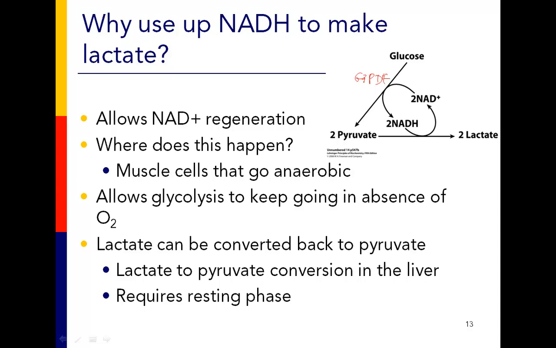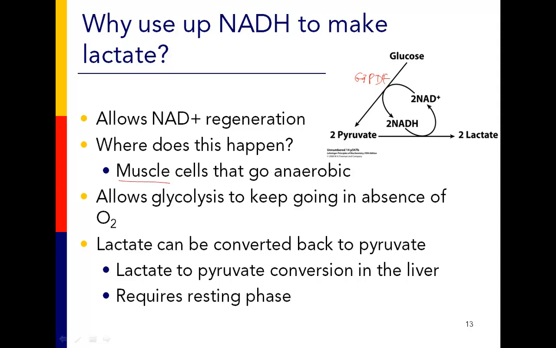So now we have this buildup of NADH. We can recycle the NADH back to NAD+ in lactate dehydrogenase and deplete the pyruvate so that we can keep going forward in glycolysis. Okay, and so this happens in muscle cells.